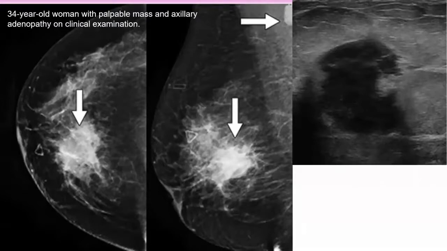Ultrasound shows a markedly hypoechoic mass with angular margins, not parallel to the skin, with specks of calcification inside the mass and moderate posterior acoustic shadowing, and perilesional edema.